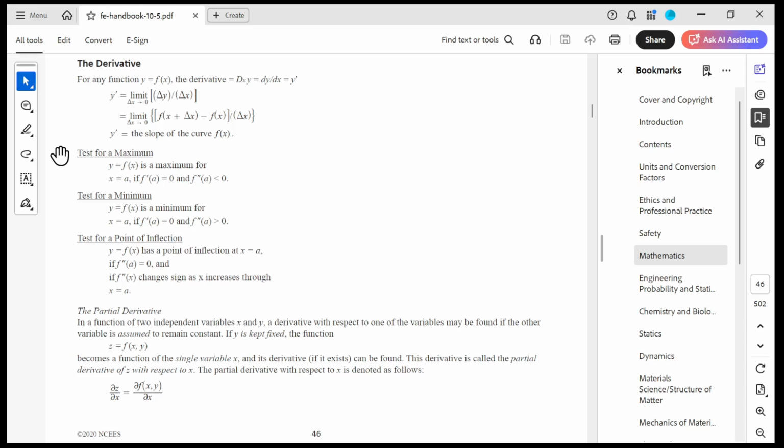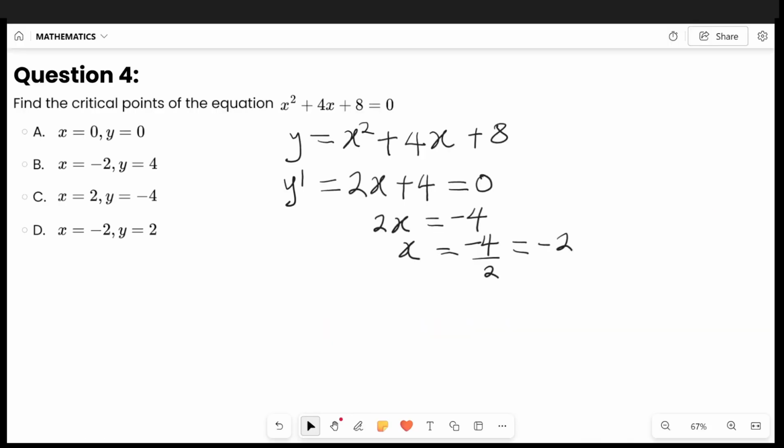And then when we go to the test for minimum, it says y equals the function f of x is a minimum for x is equal to a if the first derivative of the function is equal to 0 and the second derivative is greater than what? 0. So now let's go back to our problem.